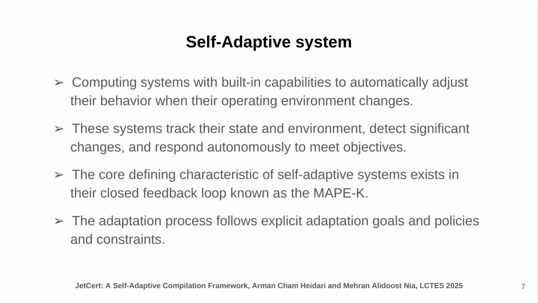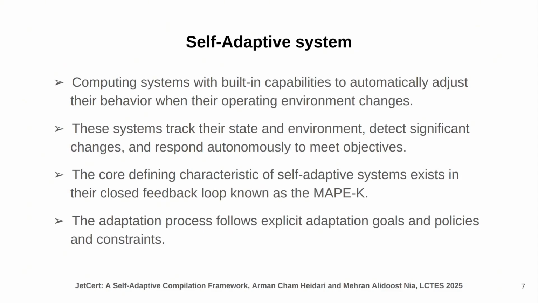Before looking at the architecture of JetCert, let's review the necessary background. First, the concept of self-adaptive systems. Self-adaptive systems are computing systems with built-in capabilities to automatically adjust their behavior when their operating environment changes.